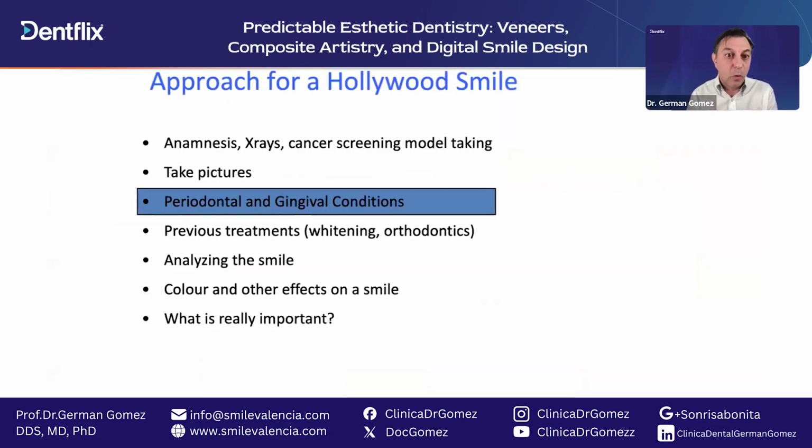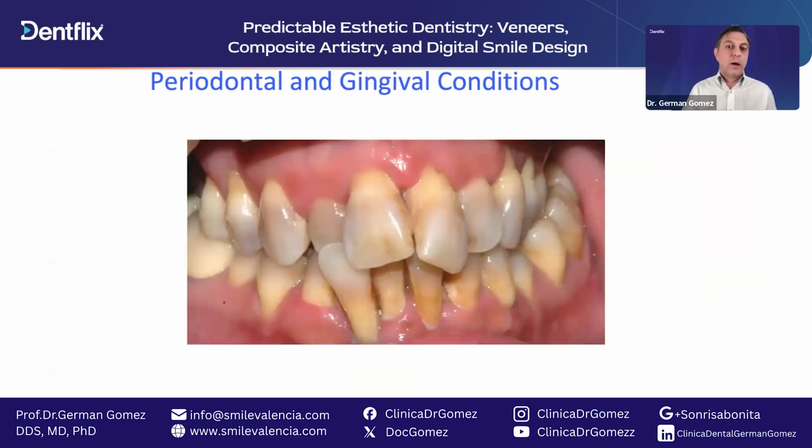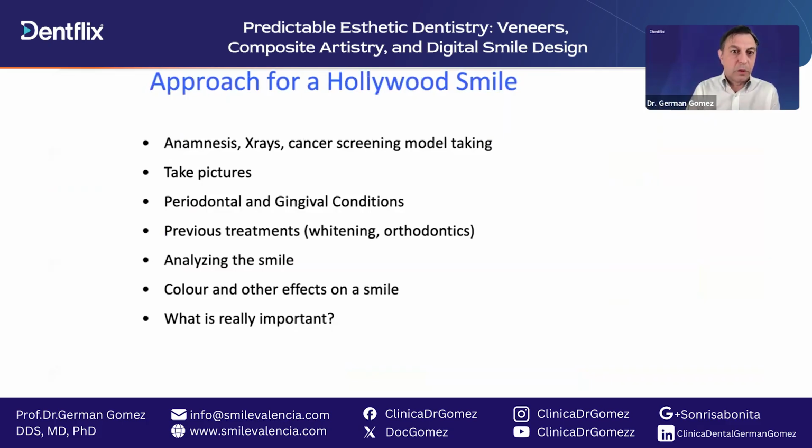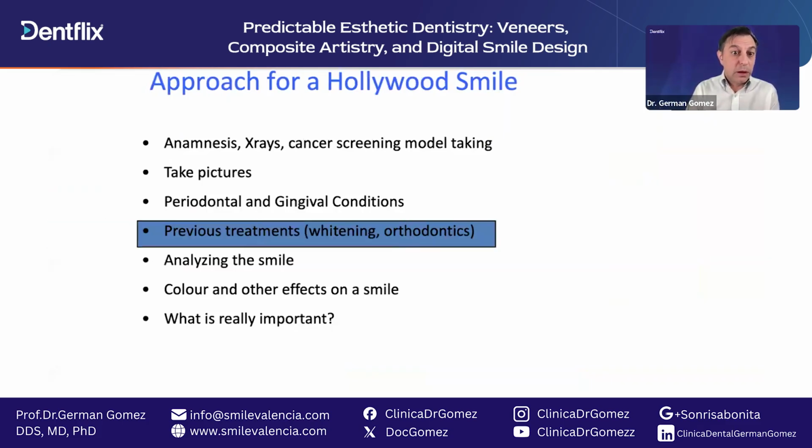Then we have to make sure periodontally and gingivally everything is all right. So this patient has to be treated beforehand before we really do something nicely on him. So we also do previous steps before we really do the smile design.